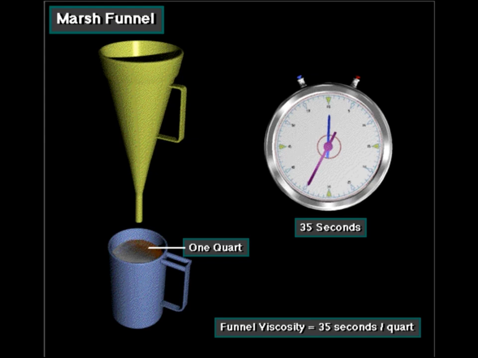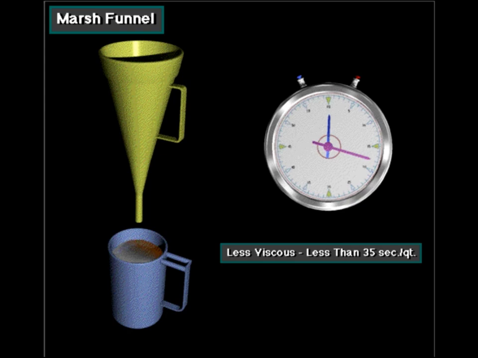So this mud has a funnel viscosity of 35 seconds. A less viscous or thinner mud would flow through the funnel faster. A more viscous or thicker mud would flow through the funnel slower.